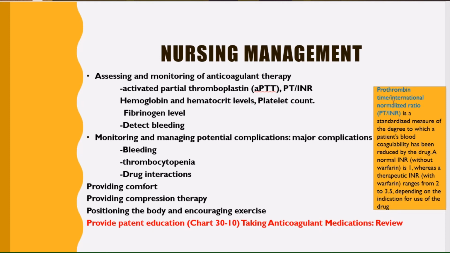box here having the information on PT and INR. The prothrombin time and the international normalized ratio is a standardized measure of degree to which the patient's blood coagulability has been reduced by the drug. Most of the time a therapeutic INR is between 2 to 3, or 2 to 3.5. Again, it depends on the indication for use of the drug.